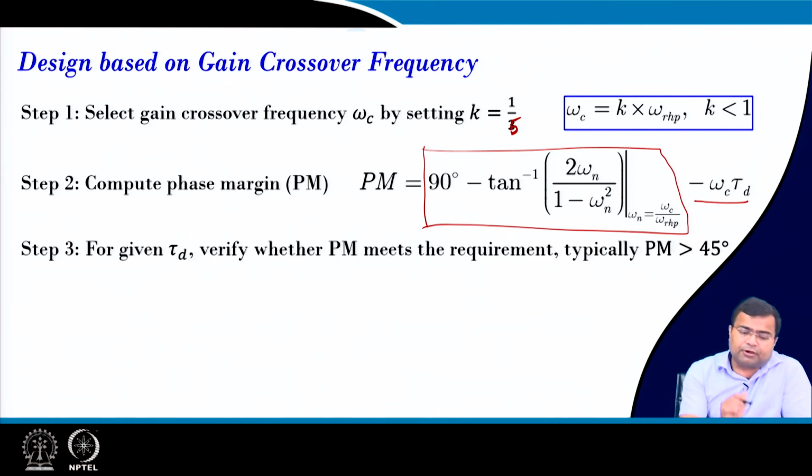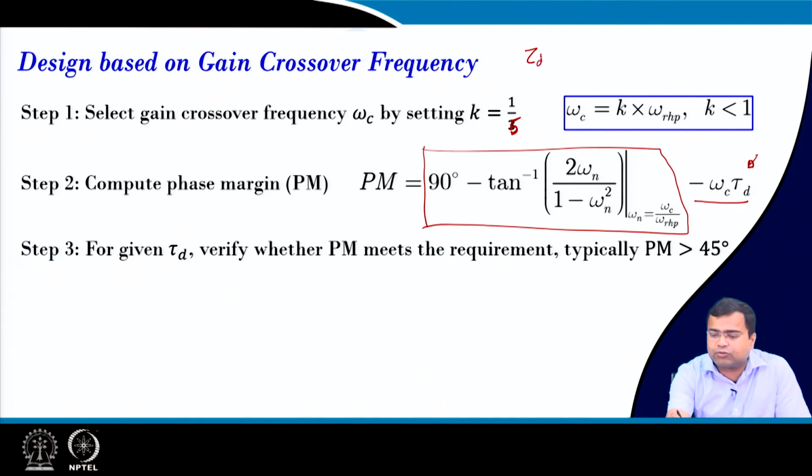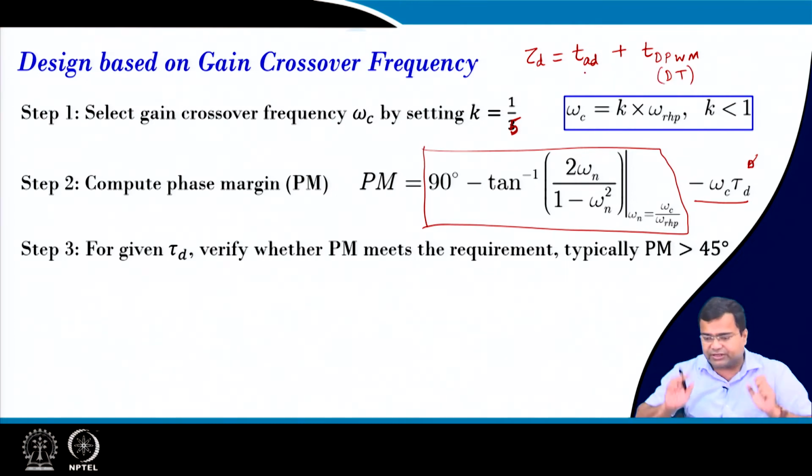Then for a given tau d, because we have to find how much delay there is in the digital control, what is this tau d? It is the ADC conversion time plus the dPWM delay, and the dPWM delay is nothing but d times T, plus the conversion time.